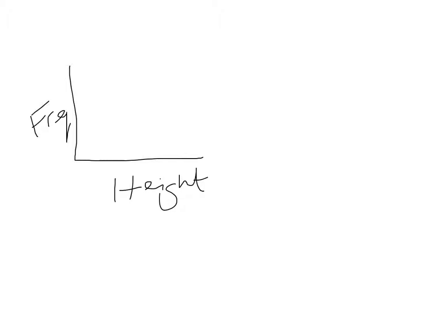Now, in a normal population, you would expect there to be what's called a normal distribution curve. In other words, with the mean, with most of the population being around the middle, with a few extremes, so some tall and some shorter.